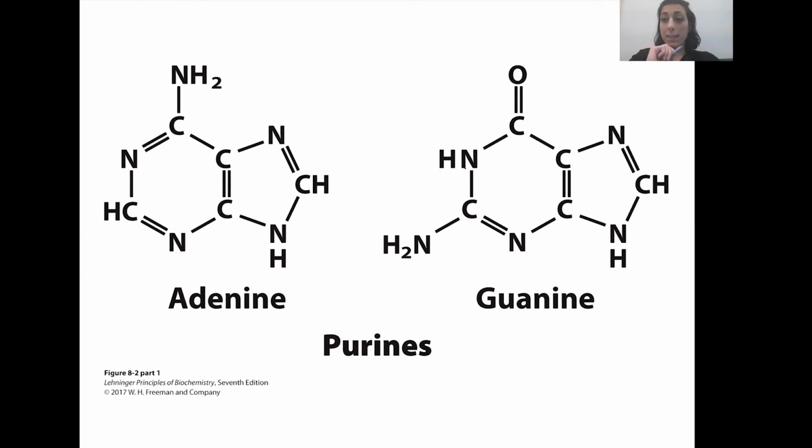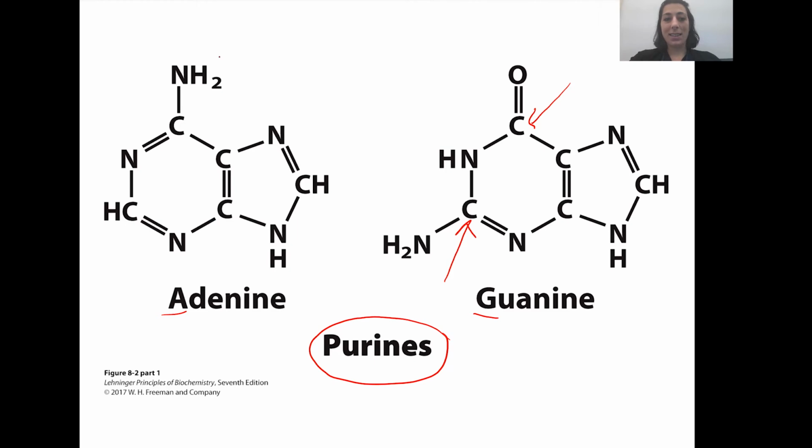So the actually distinguishable groups that we have are in our purines, adenine and guanine, which is A and G respectively. You can see the difference between adenine and guanine lies mainly in our groups here and here.